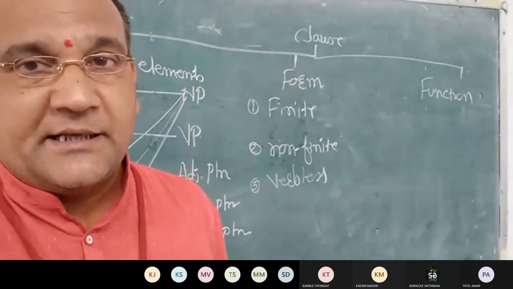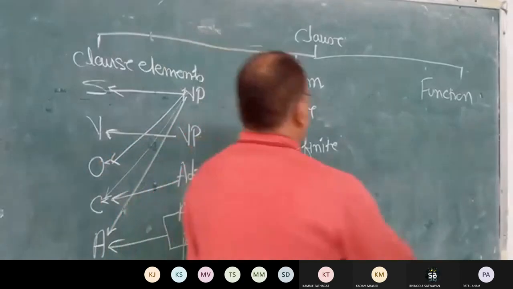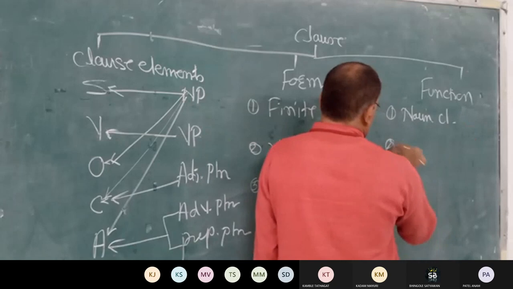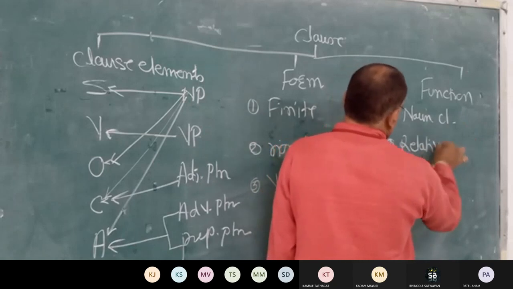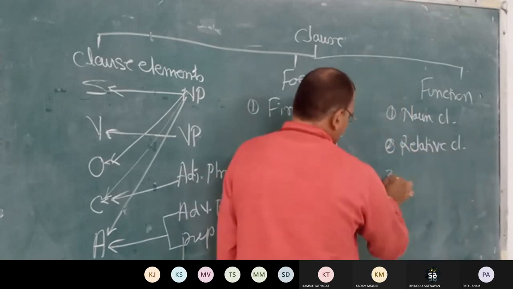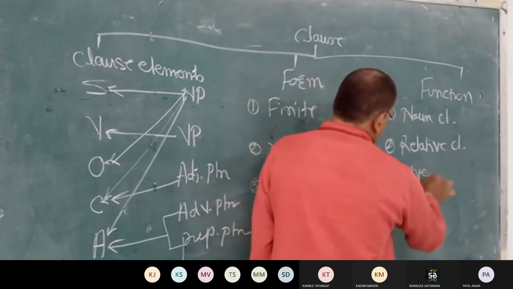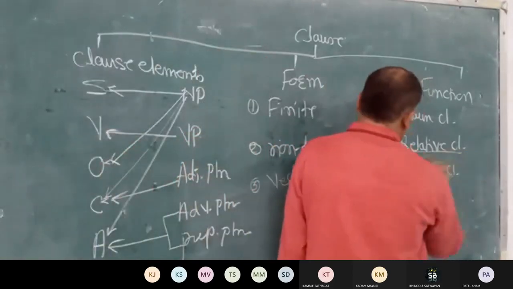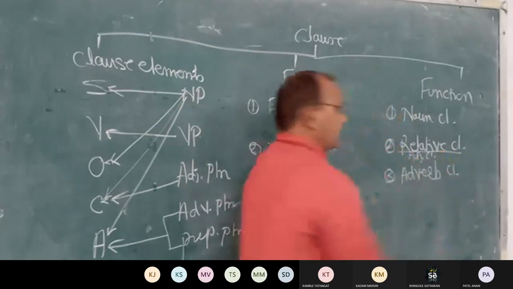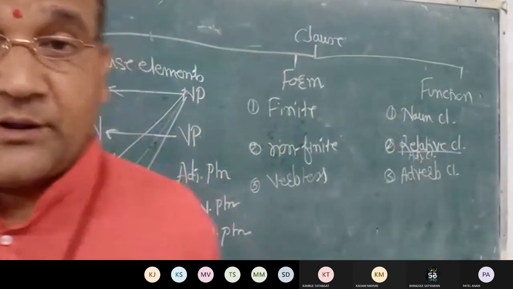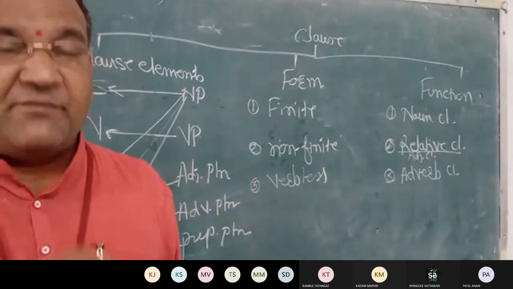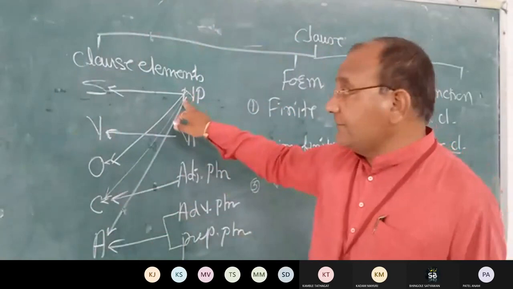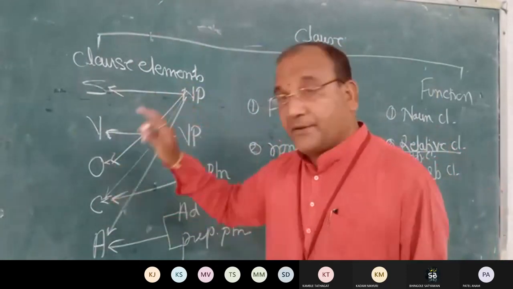How the clause functions. Accordingly, we can classify it as noun clause, relative clause, and adverb clause. Relative clause is also called adjective clause. The clause which functions like a noun can function as subject, object, complement.